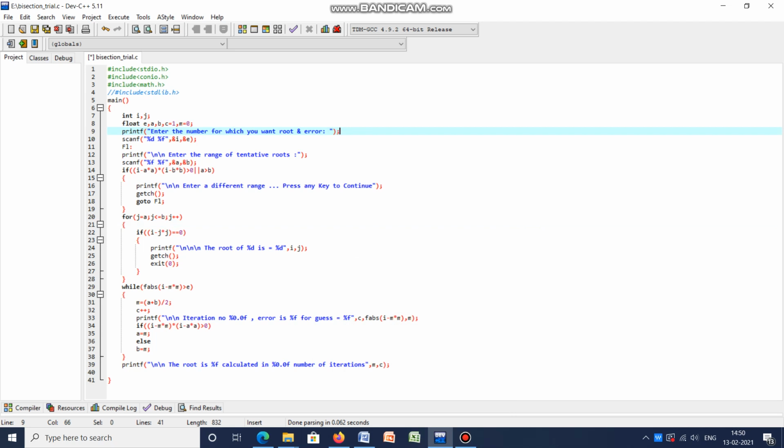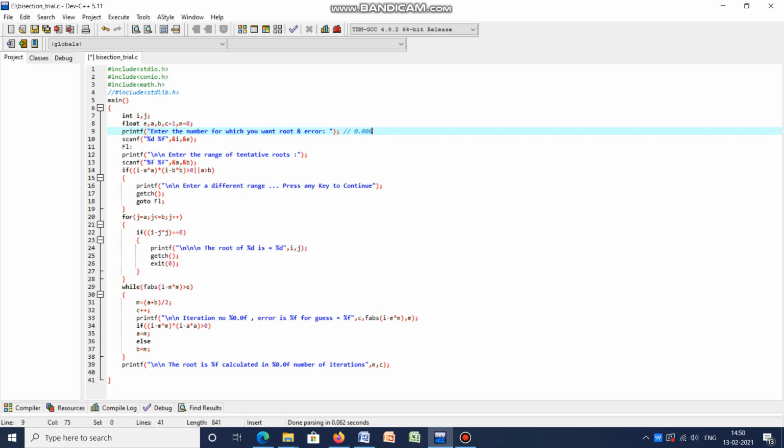Suppose I have mentioned 7, and after that the error. If it is for 3 decimal points, then my error should be less than 0.001. If it is less than that, certainly that will be correct up to 3 decimal points.